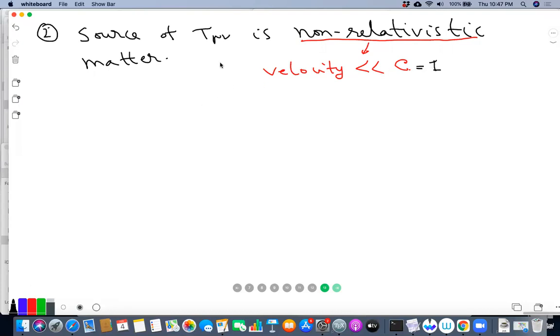So let's see what kind of pressure and energy density relation we expect in this case. Just for the sake of argument, assume that this is an ideal gas, even though it is not too important. The result that we'll get will be valid even without making this ideal gas approximation. But if you have an ideal gas, then, because these are slowly moving, the energy density basically comes from the rest mass of objects.